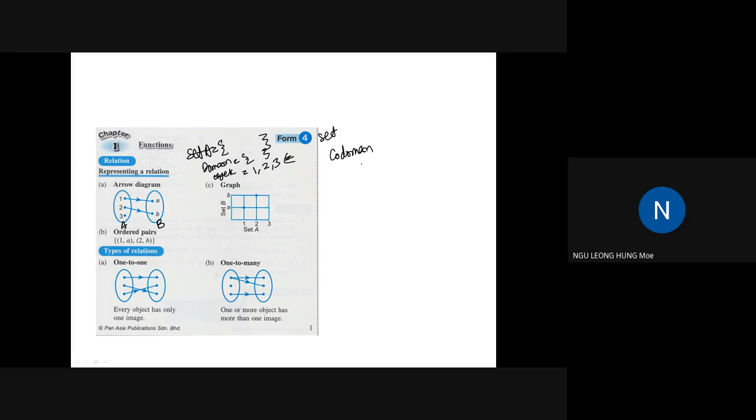You see, codomain is everything that is connected from the set A. Image, yalah, untuk ini masing-masing A and B.